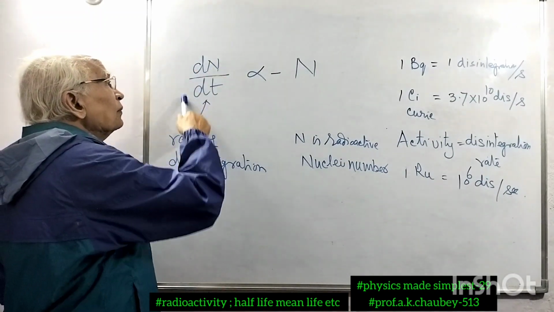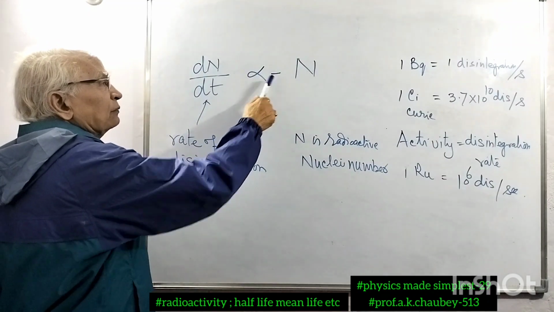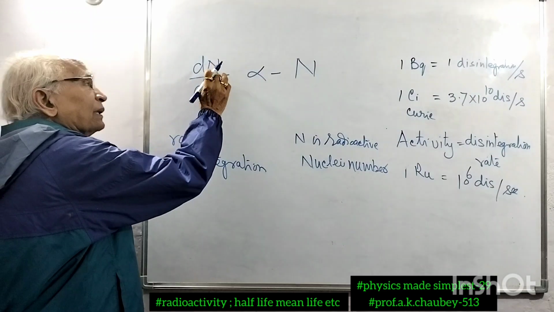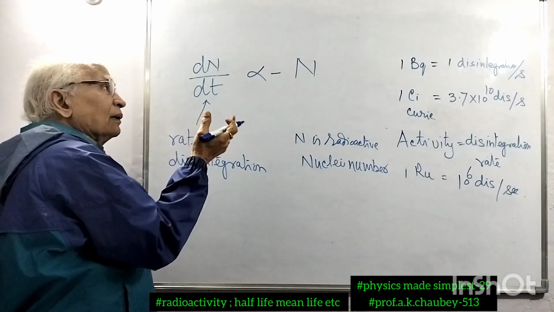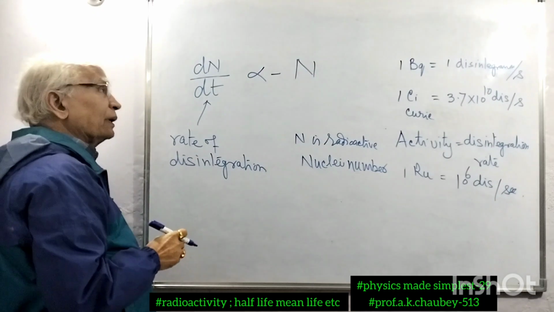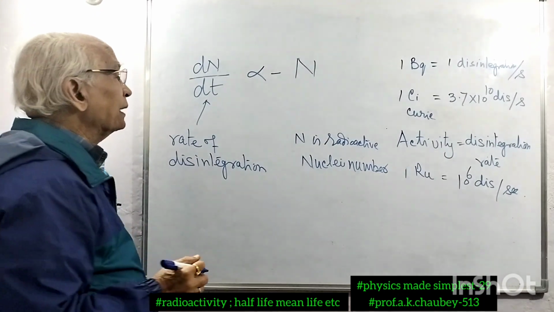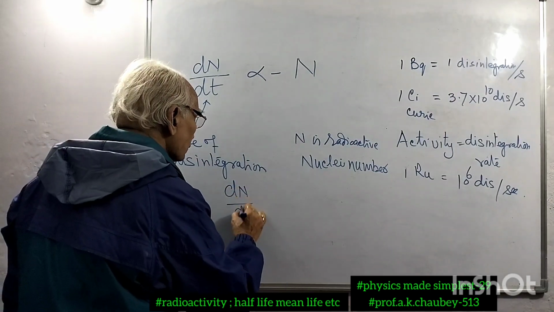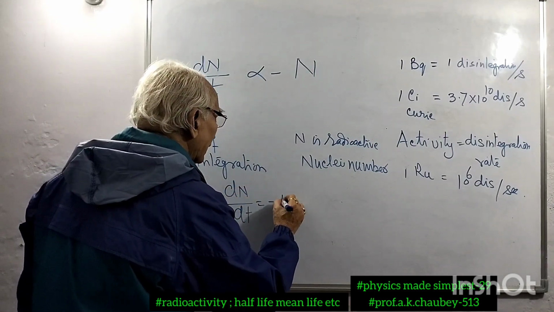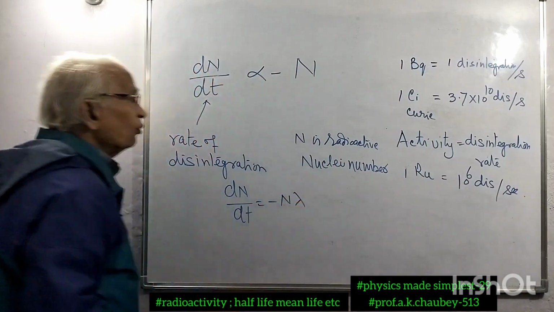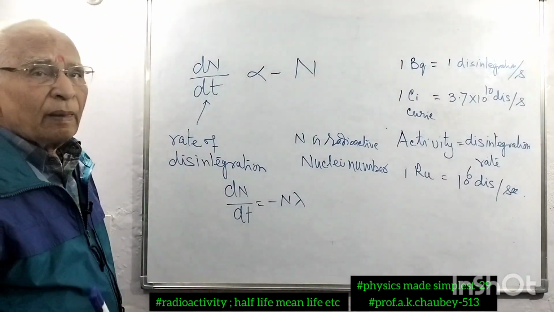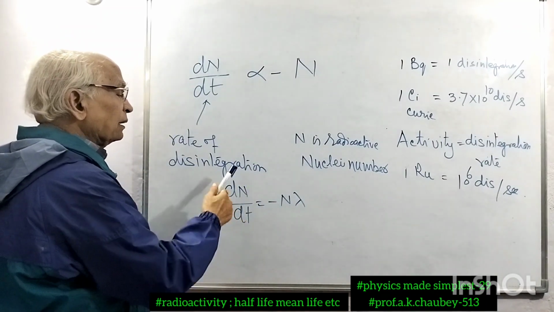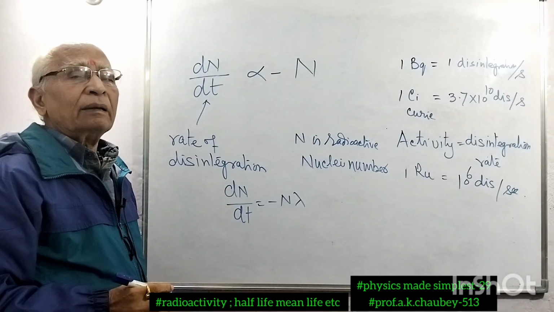So to make it negative, we put this minus here. dN/dt is proportional to minus N. Or we write that dN/dt is equal to minus N lambda, where lambda is the constant of proportionality. We convert proportionality into equality.